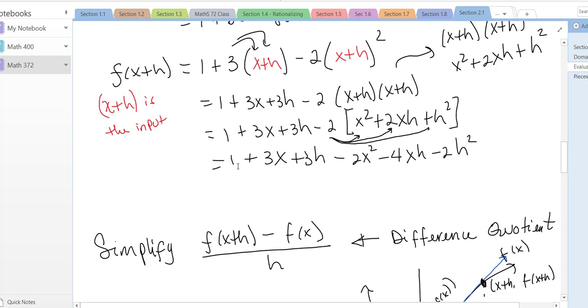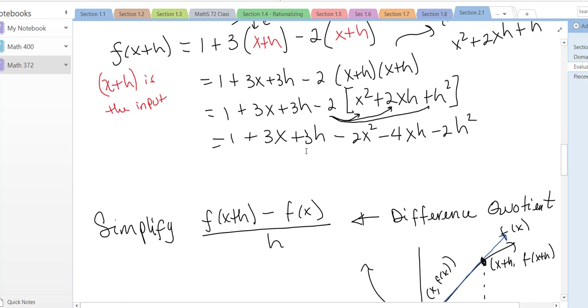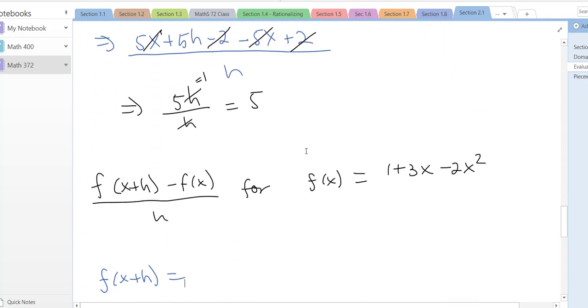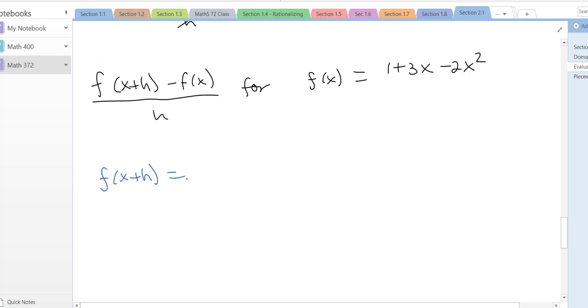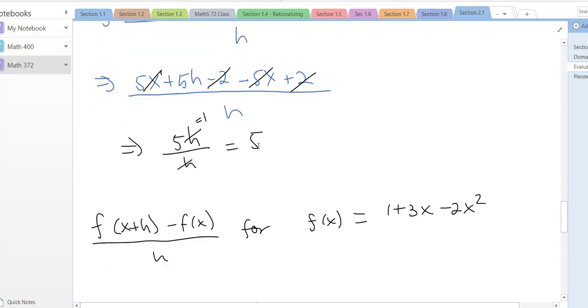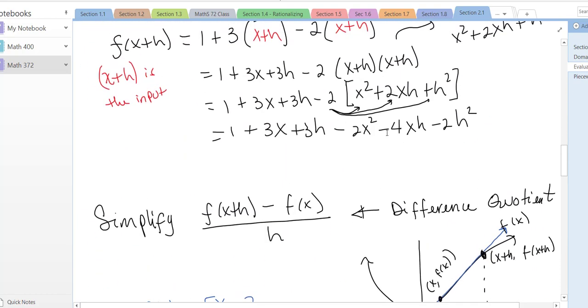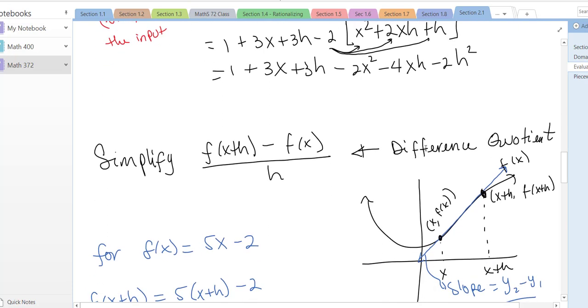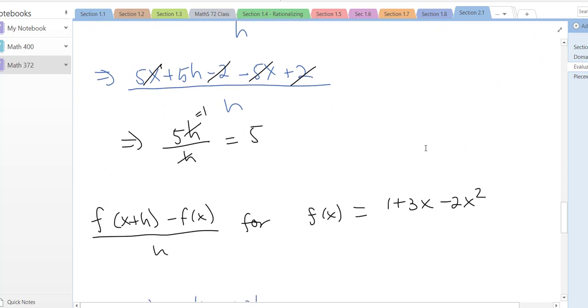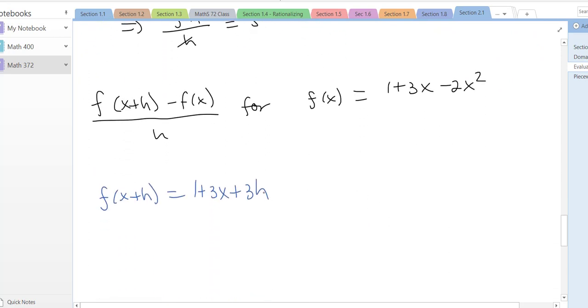So it was this whole thing, 1 plus 3x plus 3h. I'll write that over here, or you could recalculate it. 1 plus 3x plus 3h, and then minus 2x squared minus 4xh minus 2h squared. So that was just our f of x plus h.